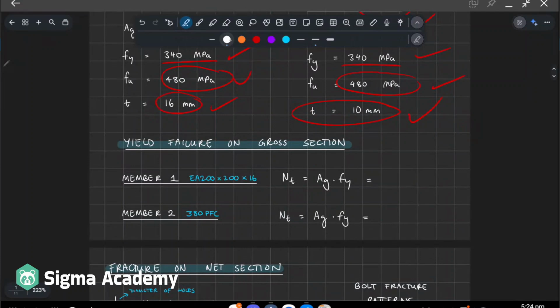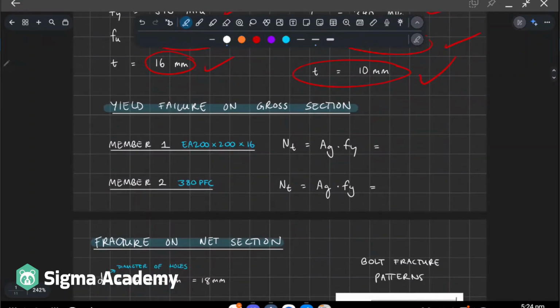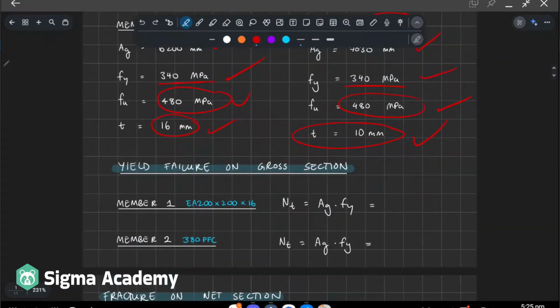So once we have the data to do the question, the easiest thing to check is the yield failure. So we have to check the yield failure based on the gross section, which just has this formula. We get the gross section area, which is Ag, and we multiply it by our yield strength. Sorry, just bring up my notes.